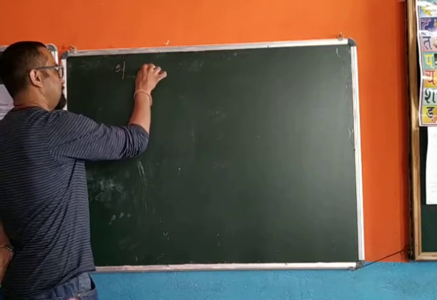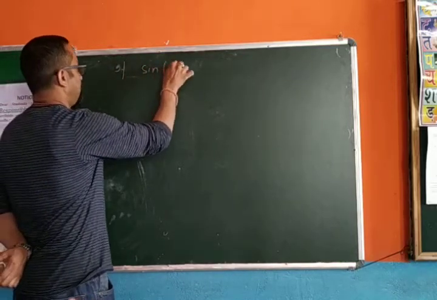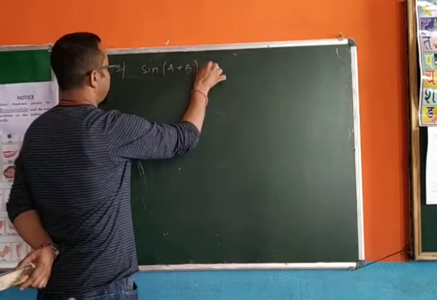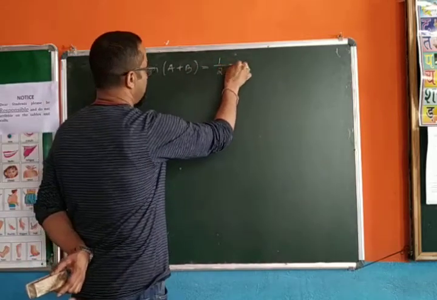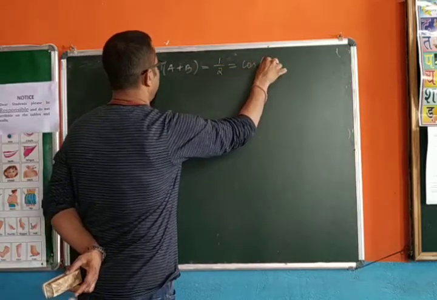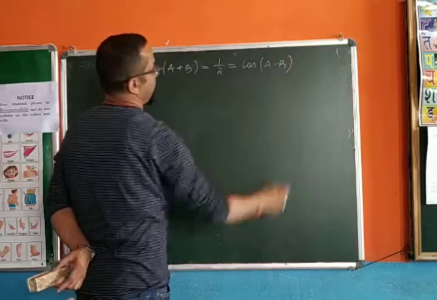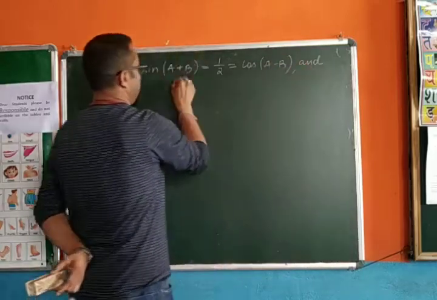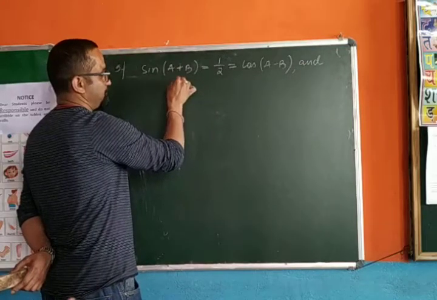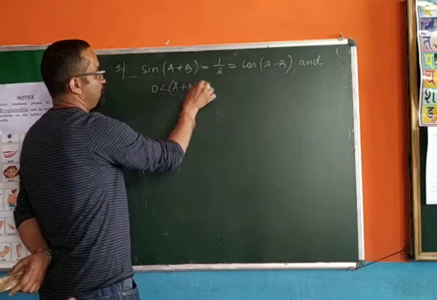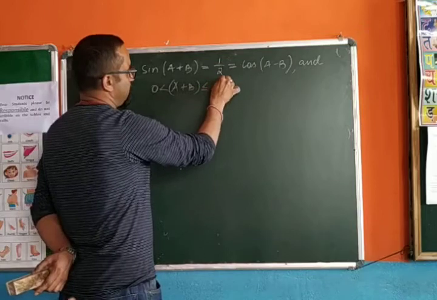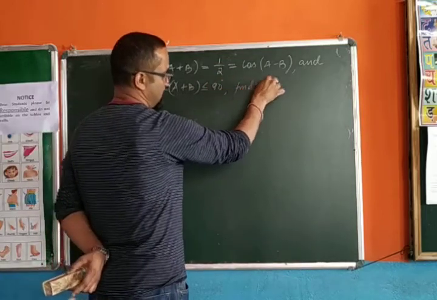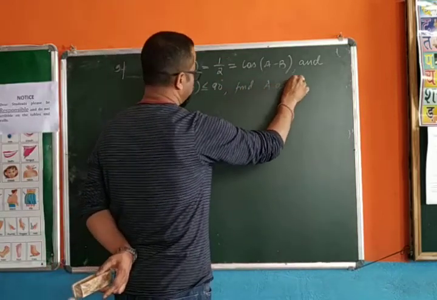If sine of a plus b is equal to half, equal to cos of a minus b, and a plus b is greater than 0 and less than or equal to 90 degrees, find a and b.